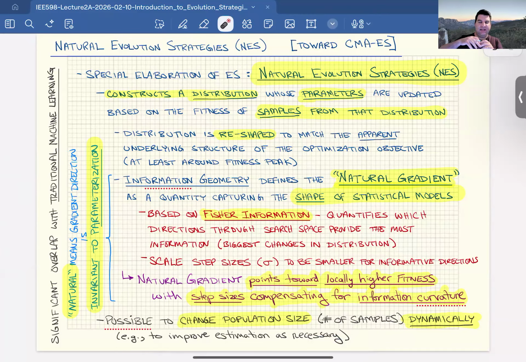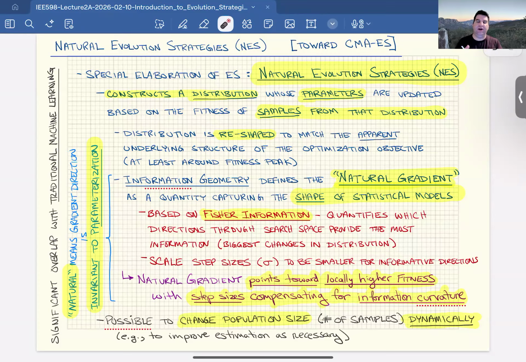And because we're just changing this distribution by changing its parameters, then we theoretically can actually change the population size as we go. So I'm just going to be talking about cases where the population size is static, but you could theoretically say that, wow, we're in a really interesting part of the fitness landscape.